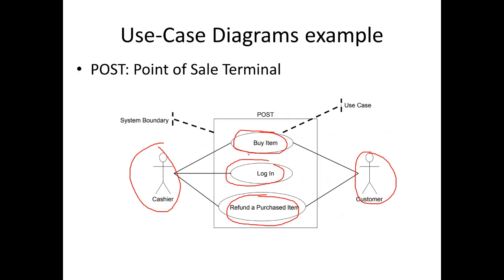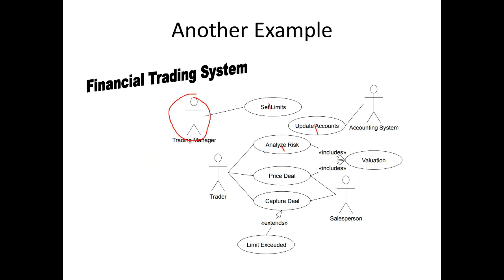If we go to the original system, we know an actor can be associated with some use cases, can perform some use cases. Also, in this system, the trader manager can set limits that he can perform some use cases.